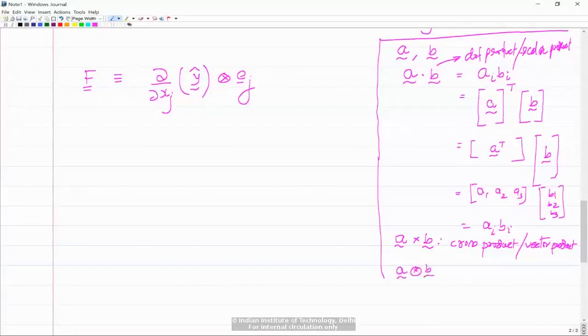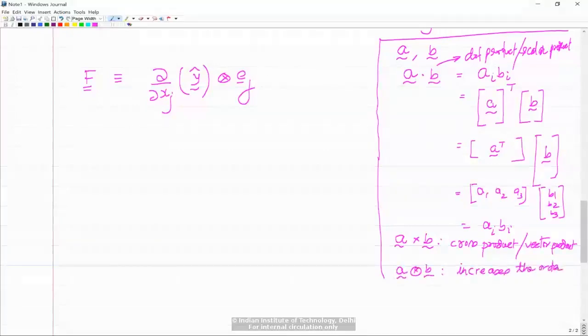See, scalar product is reducing the order of the vectors. It is making it scalar. Vector product keeps the order the same. Whereas this tensor product increases the order. Okay?